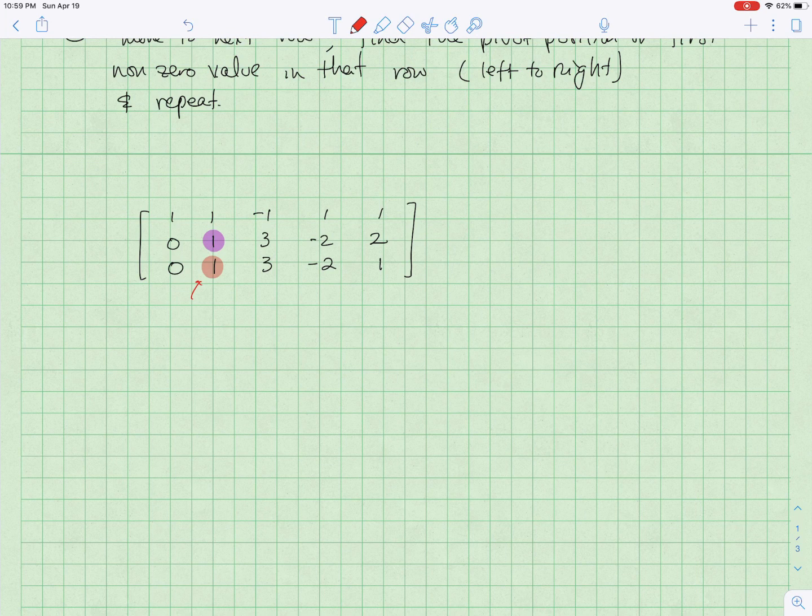To eliminate this position, we could actually either use this position way up above in row 1 or this position by simply subtracting. You'll notice that if I do row 2 minus row 3 and make it my new row 3, I will for sure get a 0 in this bottom position. But I will also get a 0 in that position if I do row 1 minus row 3 is my new row 3.